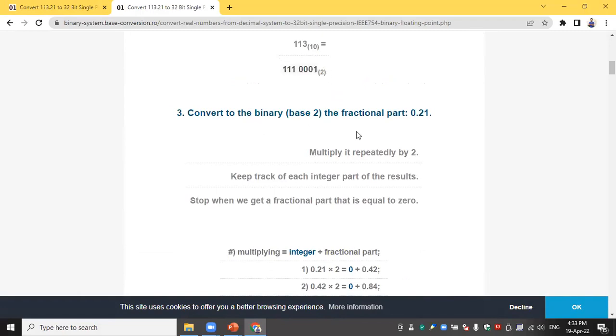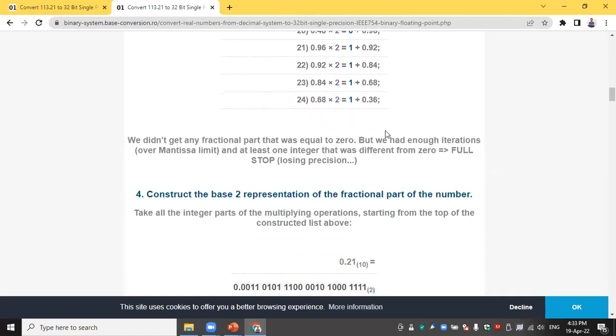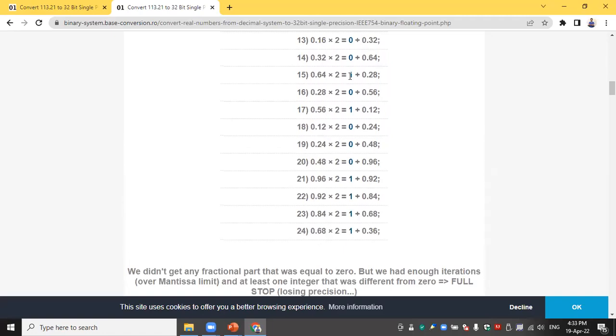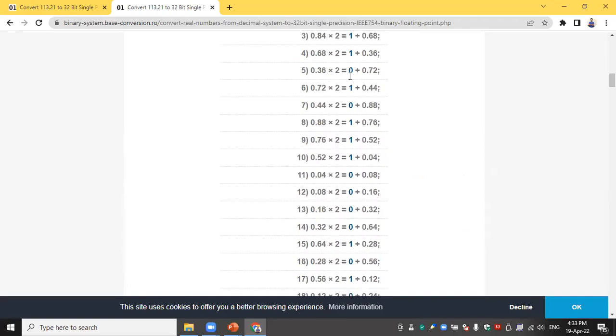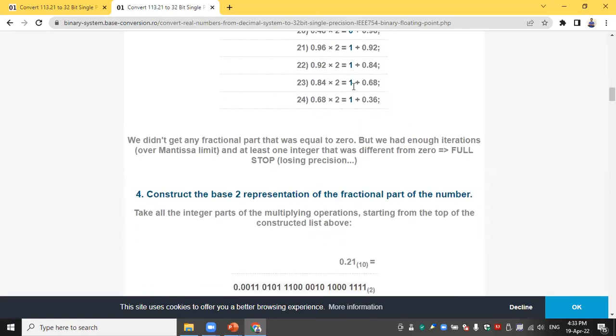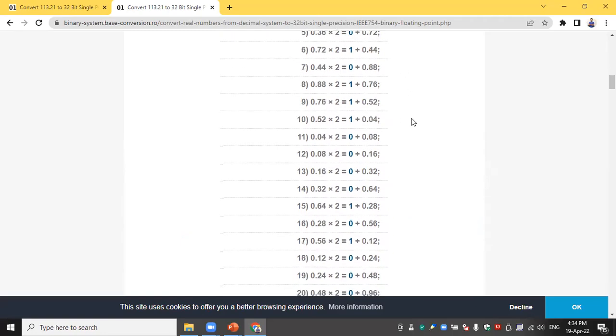Then convert the fractional part, 0.21. If you try for a lot of steps, you will get this kind of fractional part. In the exam, students, you don't need to go up to this level. ඔයගොල්ලෝ මේ fractional part එක convert කරනකොට steps 4කට විතර ආවම ඇති. 5ක් විතර යන්න පුළුවන් නම් හොඳයි, 6ක් යන්න පුළුවන් හොඳයි, steps 4ක් තිබ්බත් ඇති.